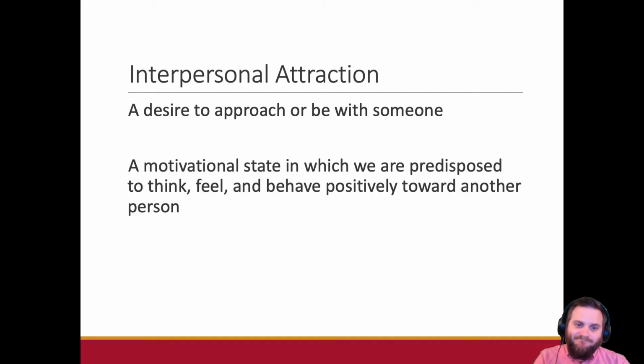Another way we can put it is that attraction is a motivational state in which we are predisposed to think, feel, and behave positively toward another person. So positive interactions is really how attraction works here. Think, feel, and behave, our ABC model, and these are all positive toward another person.